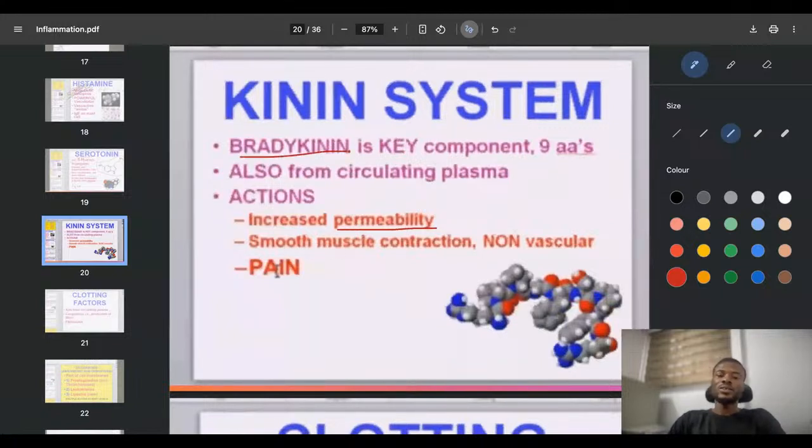So we have bradykinin, which is the key. Another kinin, you see their names and then you have kinin on it, or maybe bradykinin 1 or 2, or they have a way of naming them. That is not our concern over here.